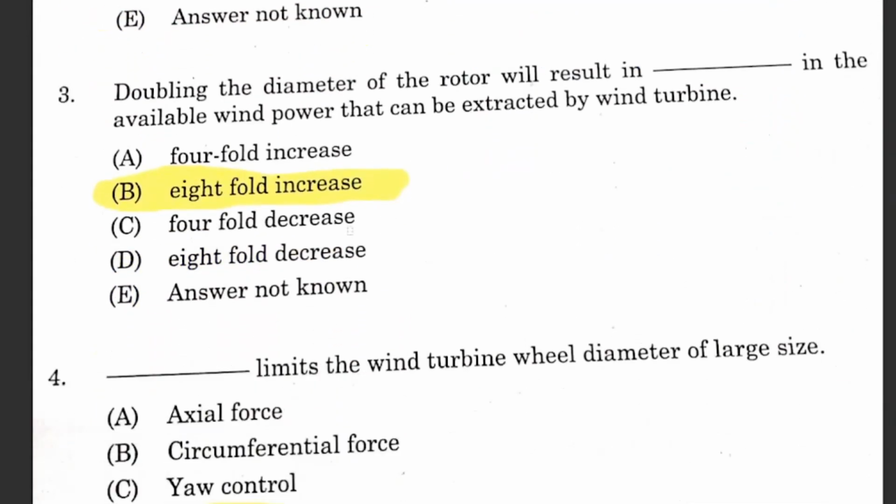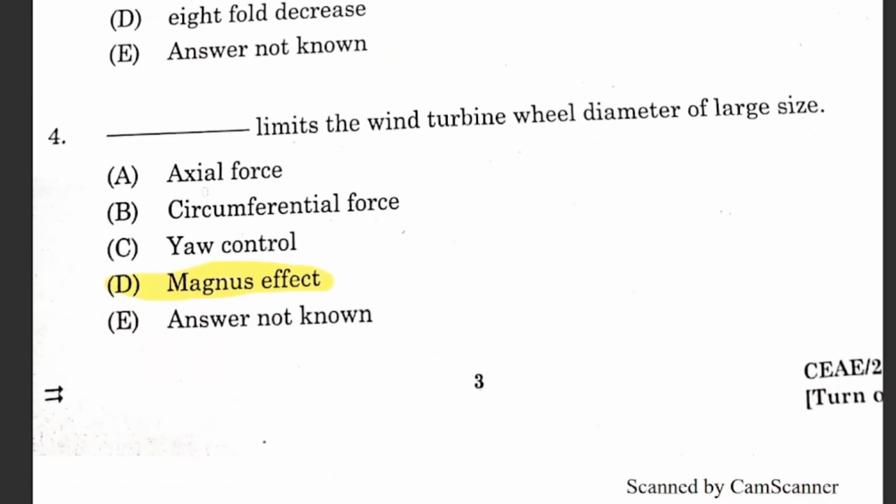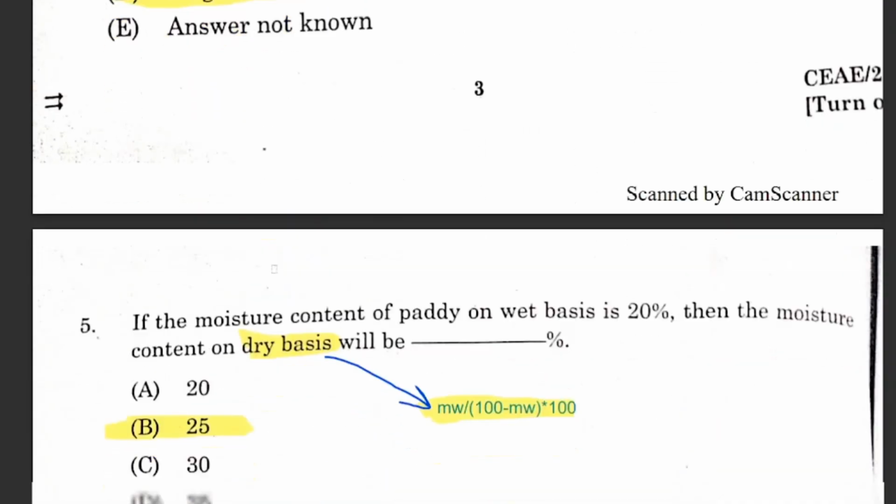Question number 3: doubling the diameter of the rotor will result in an 8-fold increase in the available wind power that can be extracted by a wind turbine, so option B is correct. Next: this effect that limits the wind turbine wheel's diameter to a large size is known as the Magnus effect, and option D is correct.